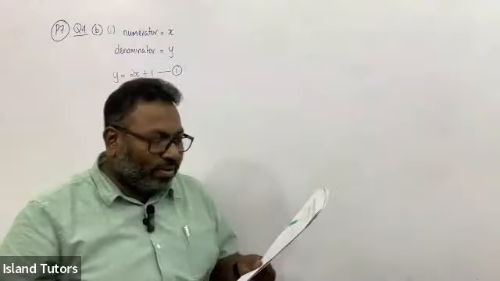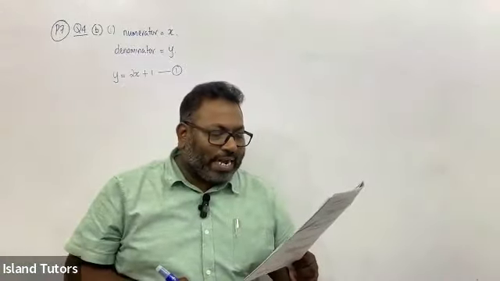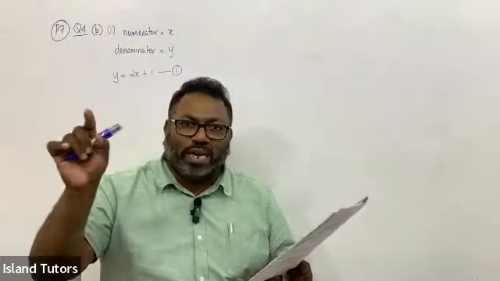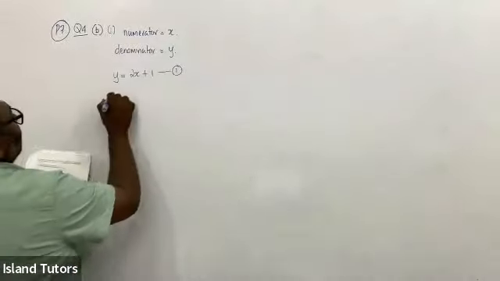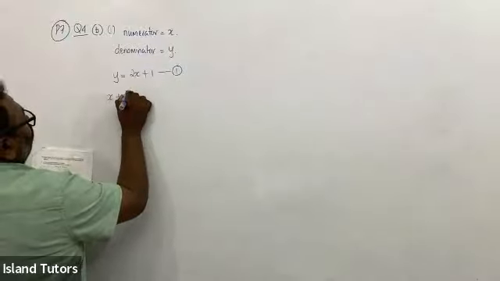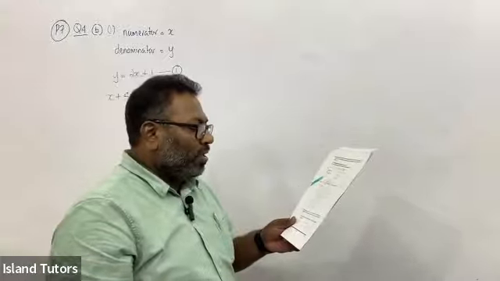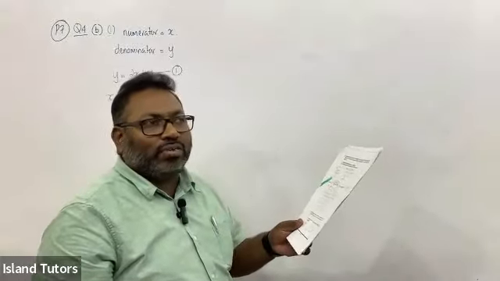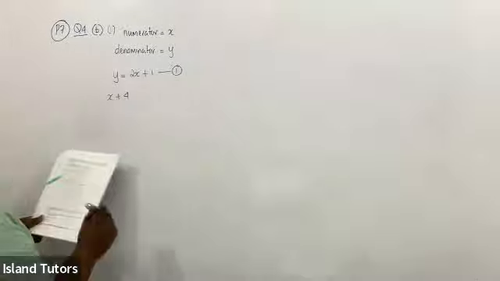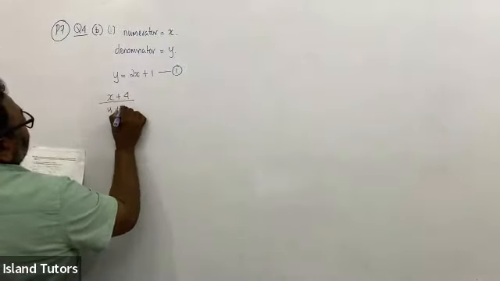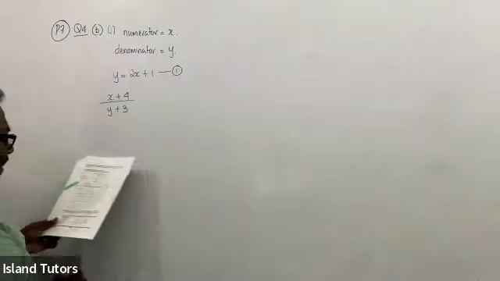Then they are saying when 4 is added to the numerator, that means numerator is x. So x plus 4 is added to the numerator and 3 is added to the denominator. What is the denominator? Y. So y plus 3.